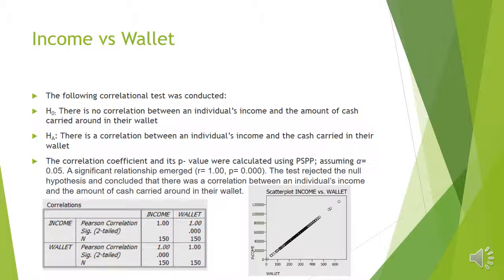We ran a statistical test again using PSPP with our correlation coefficient being 1.00, with a p-value of 0.000, and that is what we describe as a perfect, perfectly positive correlation, as outlined on our scatter plot, which is essentially a straight line where the more money that's carried in one's wallet is usually associated with a higher income.